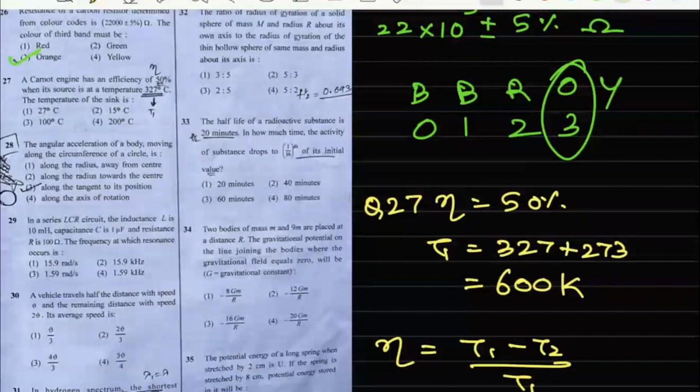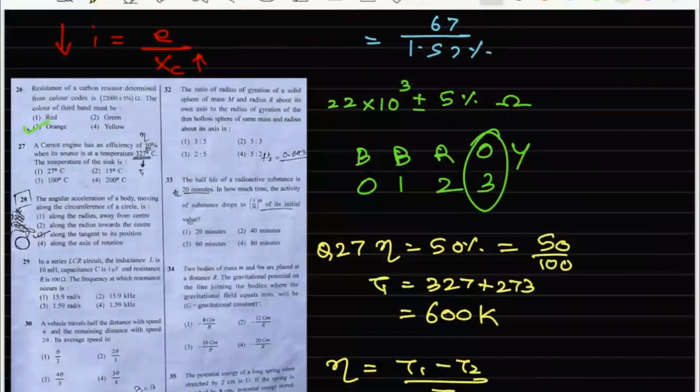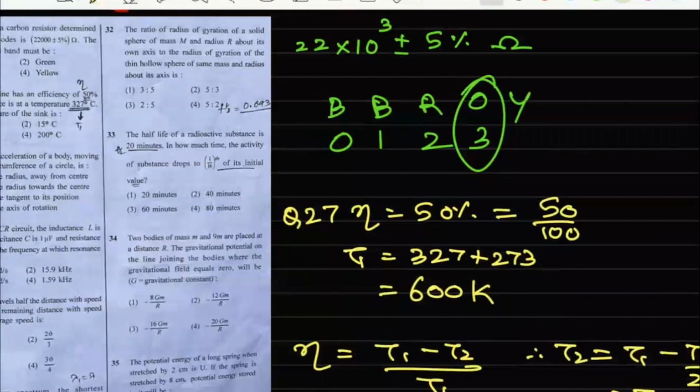So what we want is T2. So efficiency is 50%, or basically it is 50 by 100, which is 1 by 2. So in the numerator is T1 minus T2. T2 is going to be T1 minus T1 by 2, which is nothing but T1 by 2. So half of 600 or 300 Kelvin.